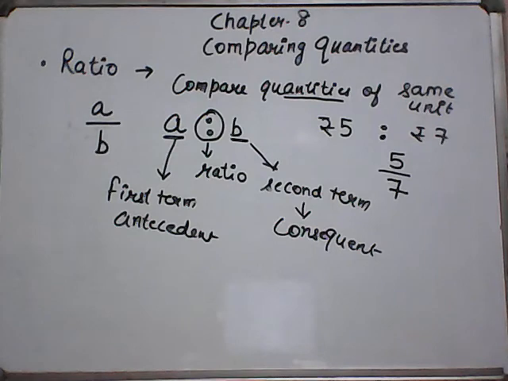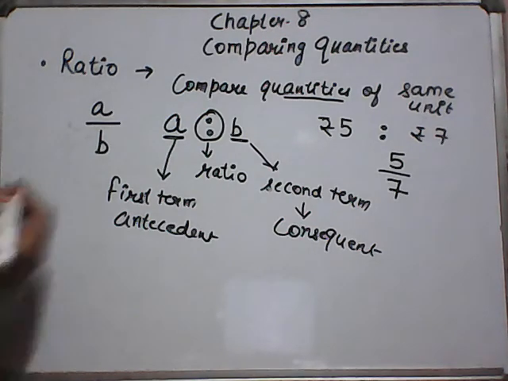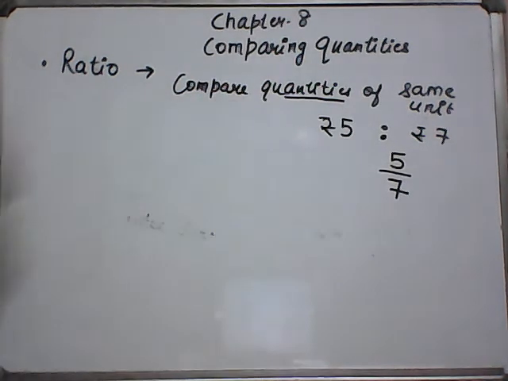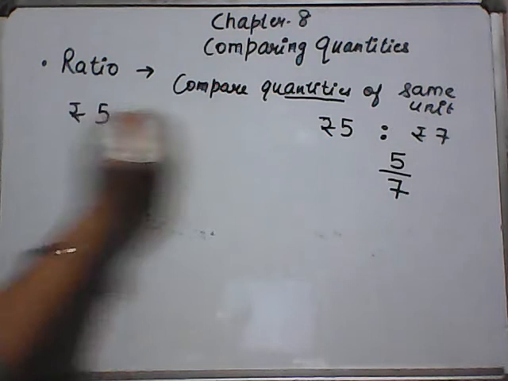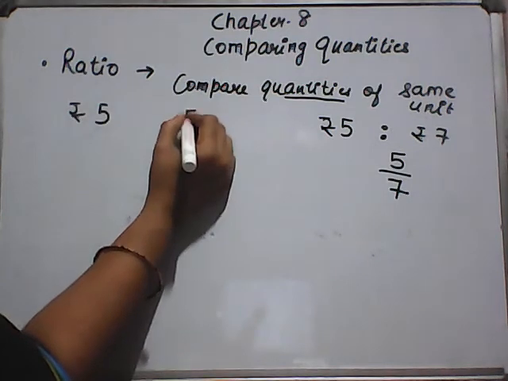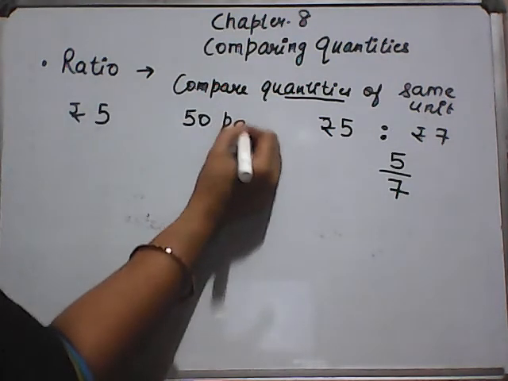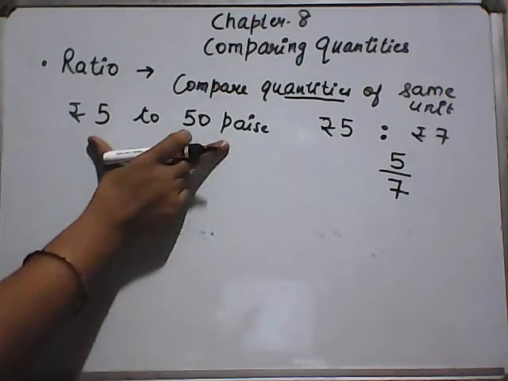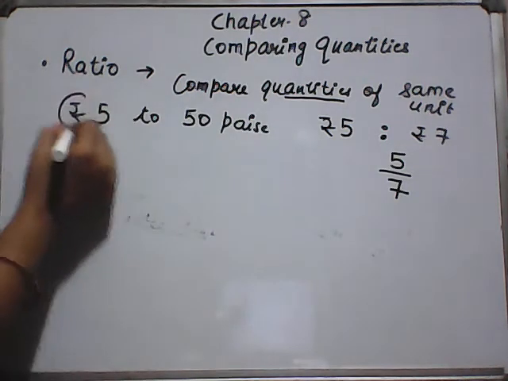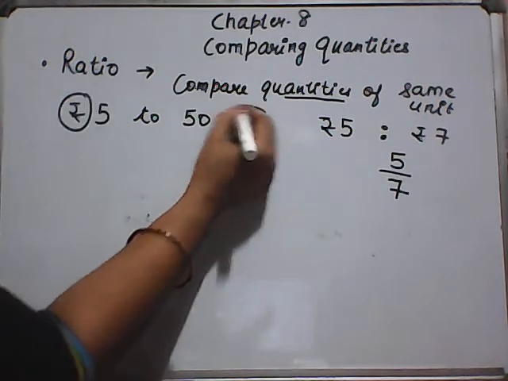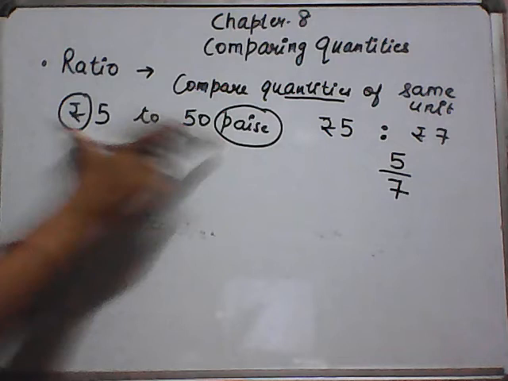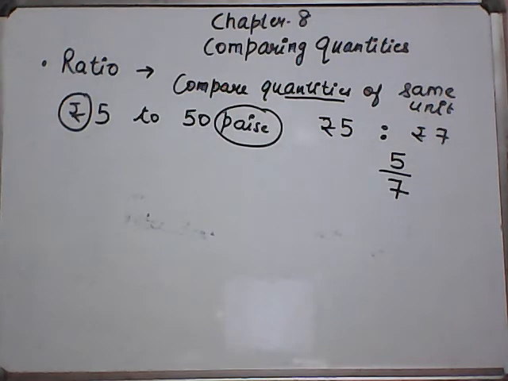Suppose these two quantities are of different kind. A person has 5 rupees and another person has 50 paise. You have to compare these two quantities. Here quantity is rupees, here measurement is paise. Both these are of different type, so we have to convert into same kind.